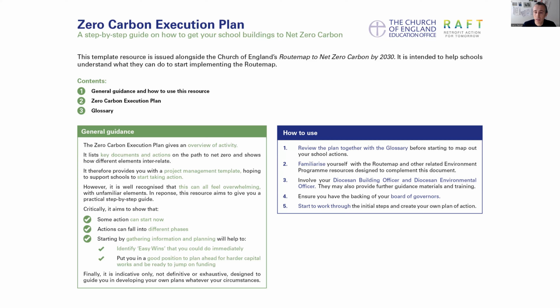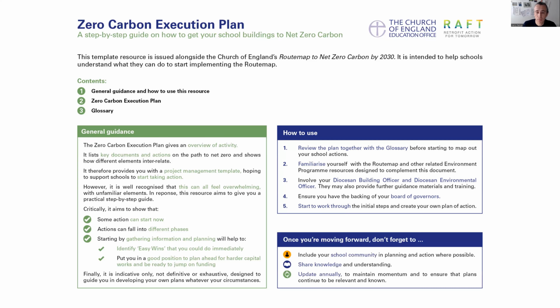We're then emphasizing the importance of getting the backing of the Board of Governors and obviously getting the Green Governor involved. And we then recommend starting through the initial steps and creating their own plan of action.